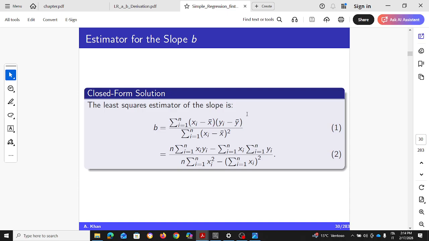So, from where do we start? We have this equation: yi is equal to A plus b xi. This is the equation for the line.